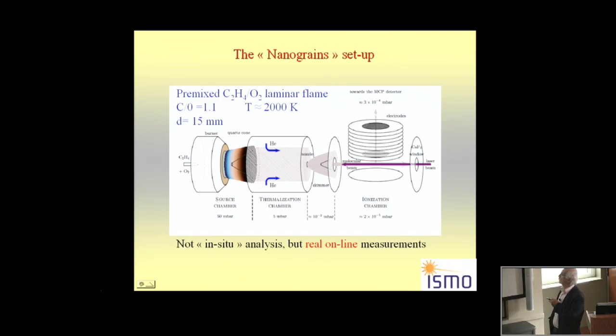This flow pushes the material through a nozzle, and this nozzle is again skimmed to enter a low pressure chamber in which the species are ionized by resonant two-photon ionization. And these are the acceleration electrodes of the time of flight.